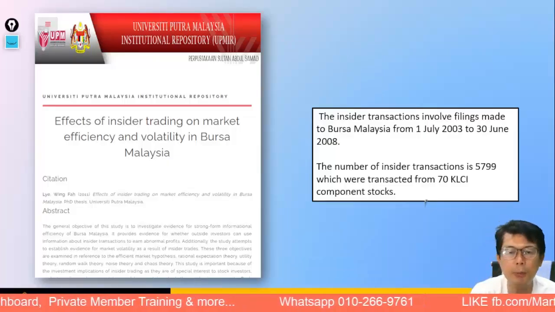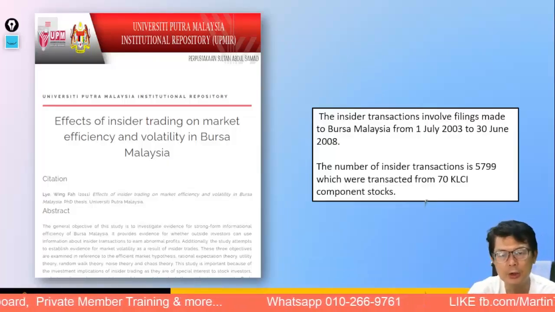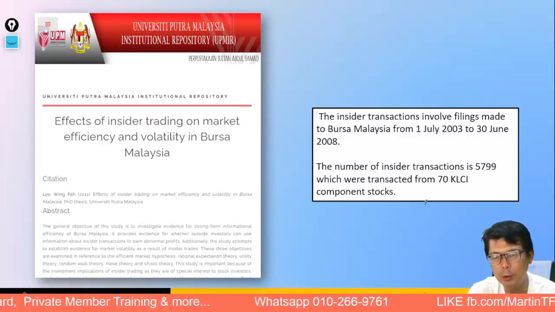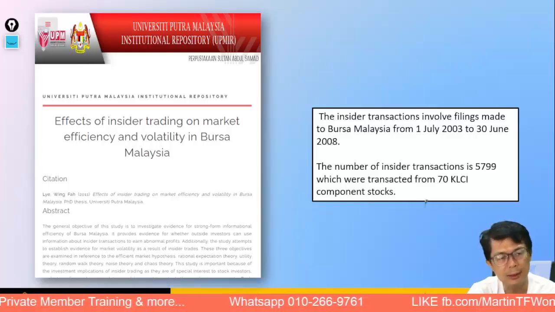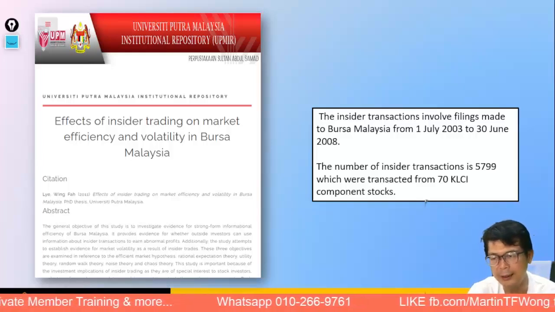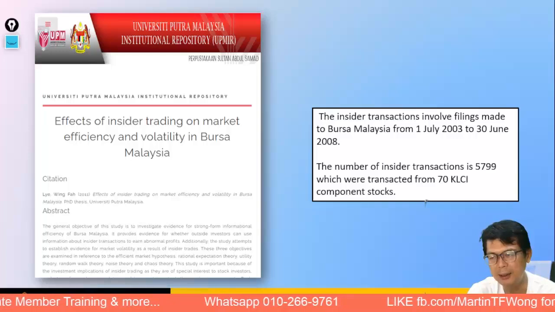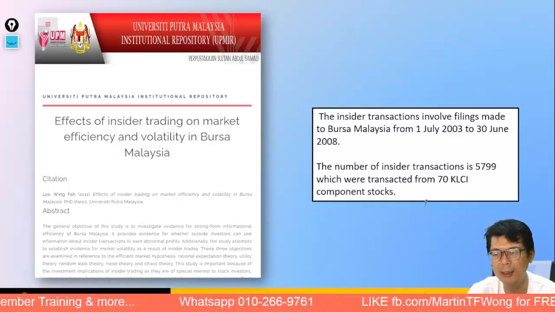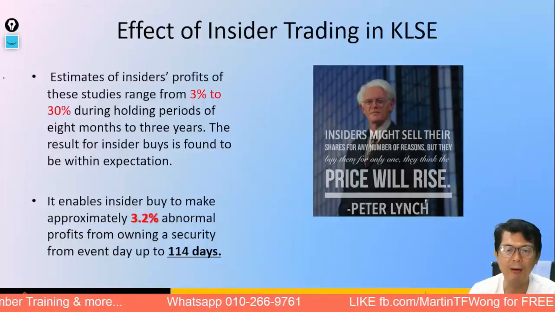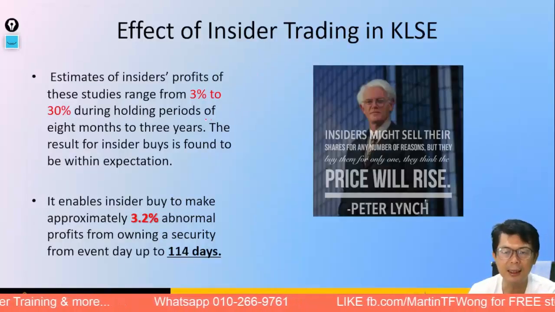Now, one of the UPM students did a very good report. This is a slightly older report, from 2003 to 2008, but it's still relevant today. They tracked 5,799 insider transactions over 70 KLSE companies and studied the effect of insider trading.